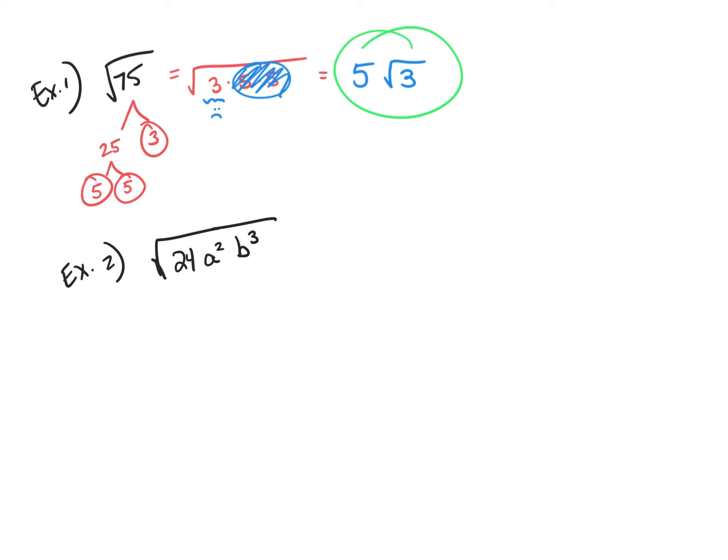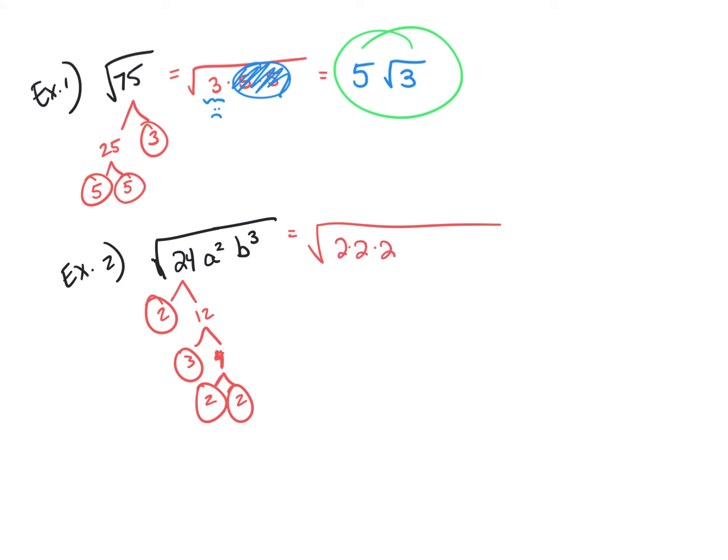The only thing I need to make a factor tree for is the 24. Maybe we'll do 2 and 12, and 2 is a prime number, and 12 would be 3 and 4. 3 is a prime number, and 4 is 2 and 2. So I've got my prime factors. I had 3 2s and a 3.